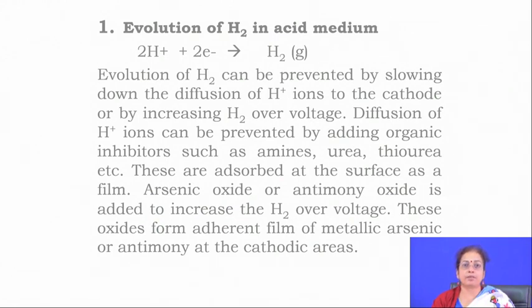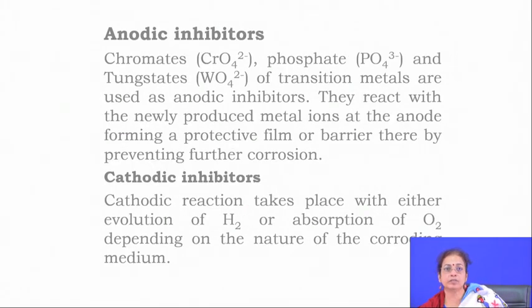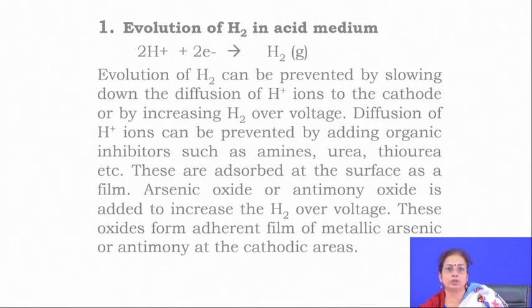Diffusion of hydrogen ion can be prevented by adding organic inhibitors such as amines, urea, thiourea. They are adsorbed at the surface as film. Arsenic oxide or antimony oxide is added to increase the hydrogen overvoltage. These oxides form an adherent film of metal arsenic or antimony at the cathodic sites.